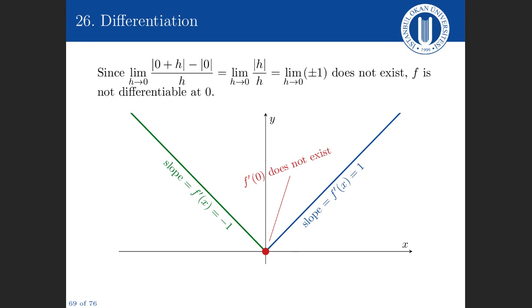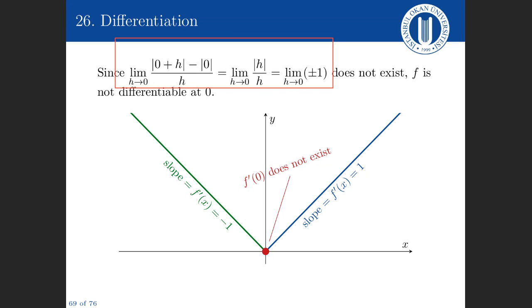But what happens at 0? We can try to do the same thing. The limit as h tends to 0 of the absolute value of 0 plus h minus the absolute value of 0, divided by h, which is the limit as h tends to 0 of the absolute value of h divided by h.